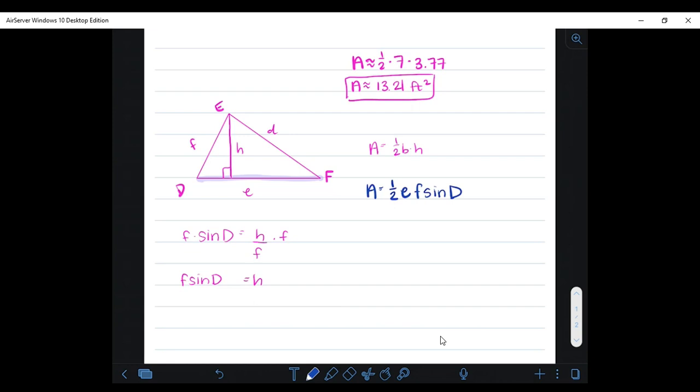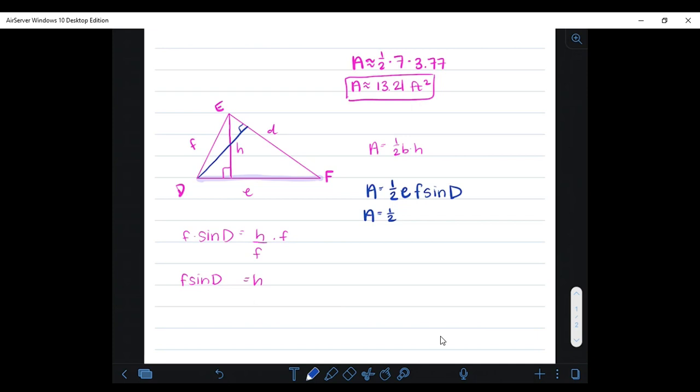And again, I didn't have to choose E to be my base. I could have chosen any other side, and things would change just a little bit. So if I had chosen, let's say, D as my base, then my height would be there.